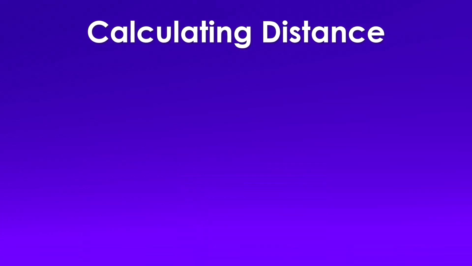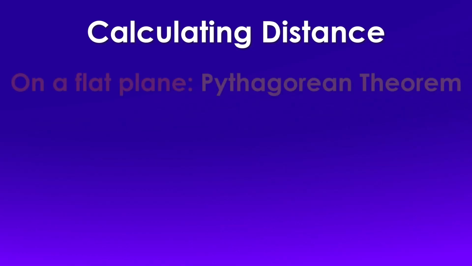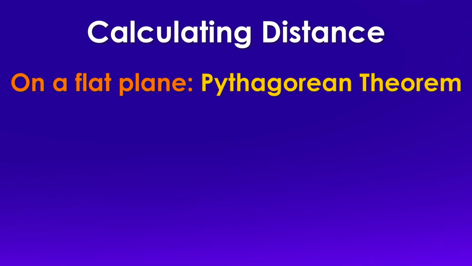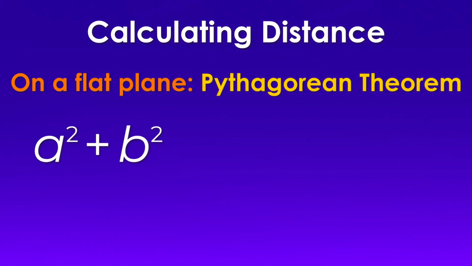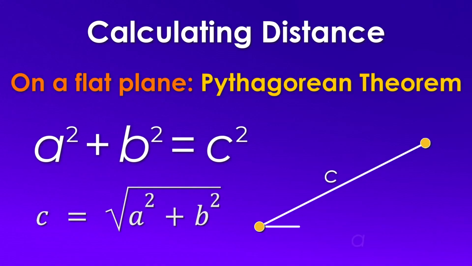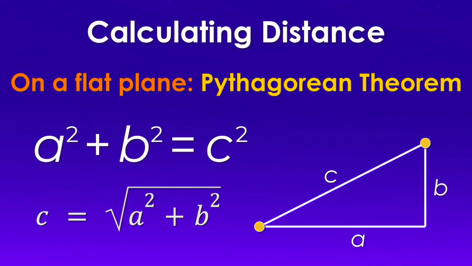Let's talk about how we calculate distance. On a flat plane, we use the Pythagorean theorem, which you may have learned about in a high school geometry course. The formula, you may recall, is a squared plus b squared equals c squared. The distance between 2 points, c, would equal the square root of a squared plus b squared. That formula is fairly straightforward.